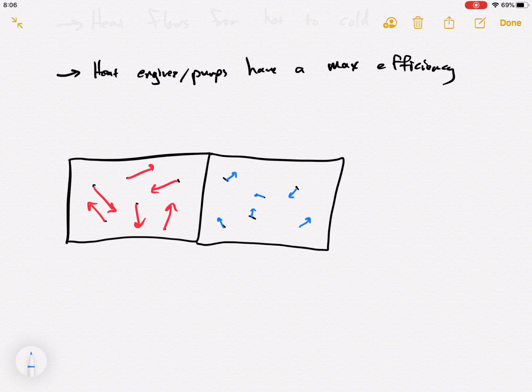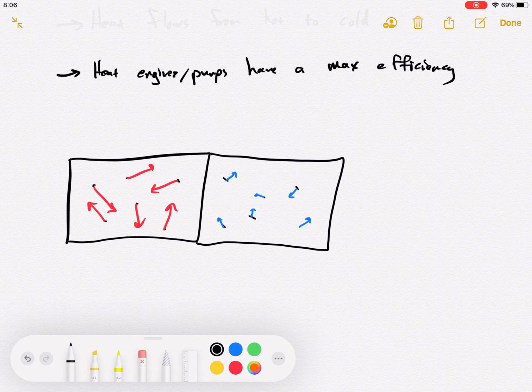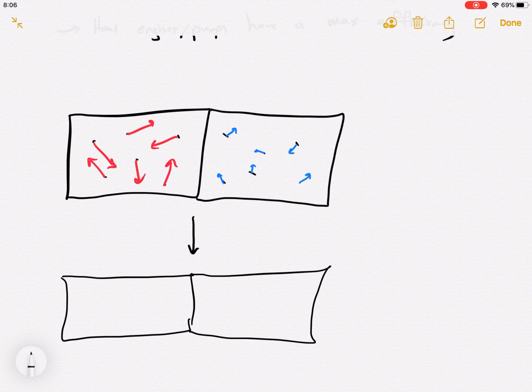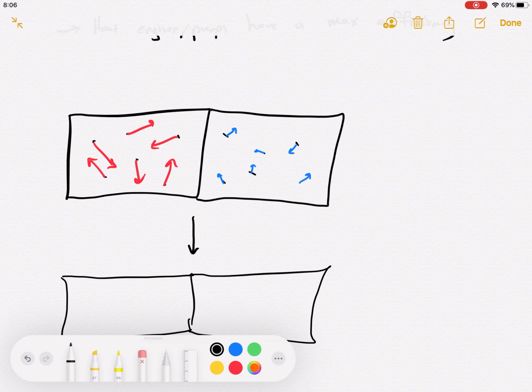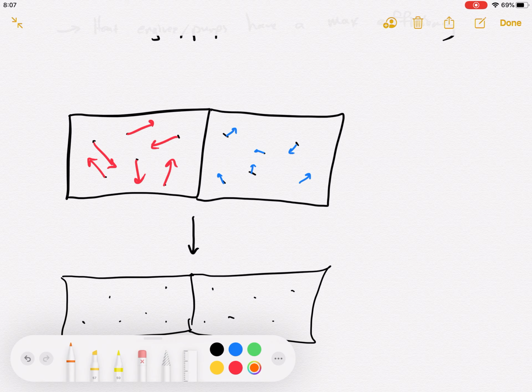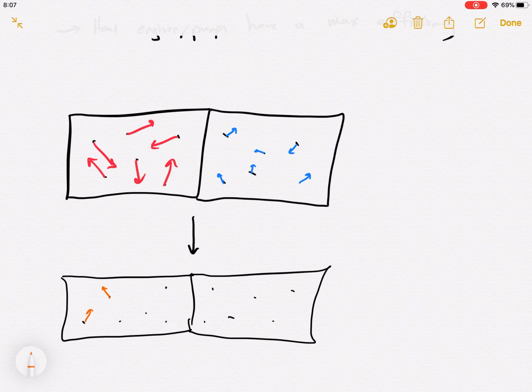If you let these two systems interact for a while, sometime later you're going to find that the system on the left is going to have molecules that are on average moving slower, and the system on the right will have on average molecules that are moving faster. In other words, heat has moved from the hot system to the cold system.